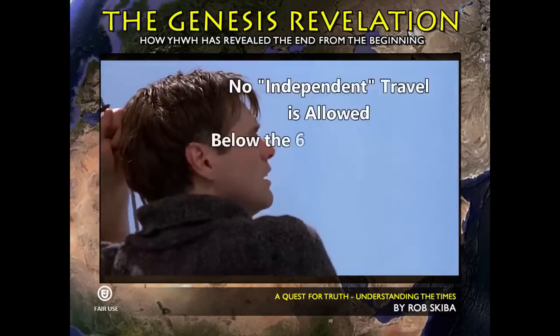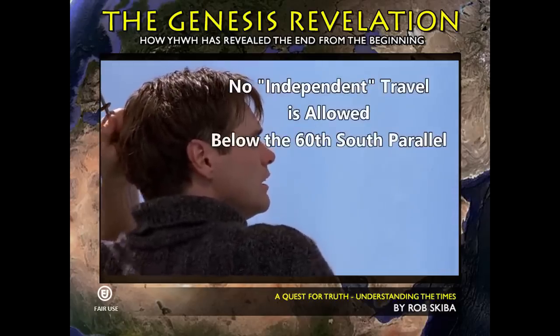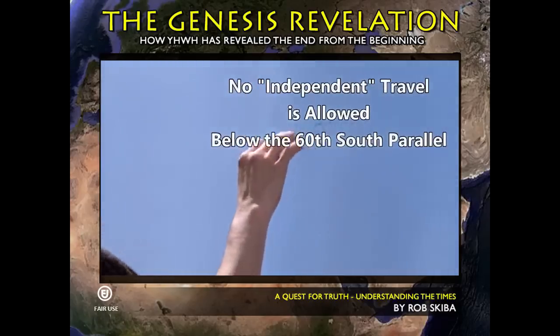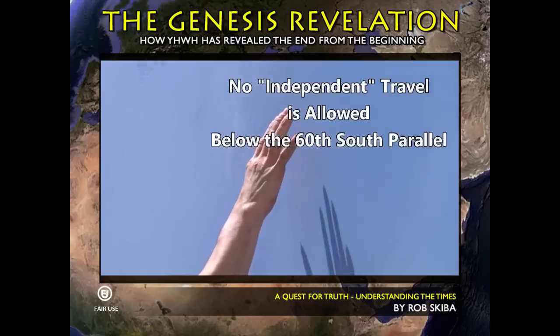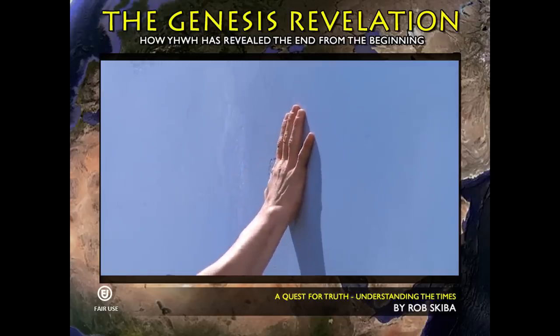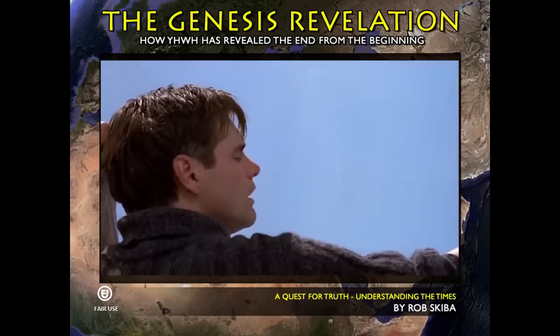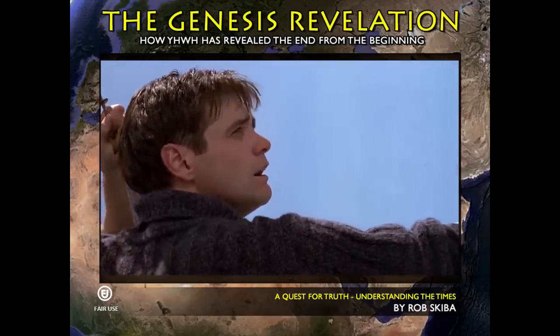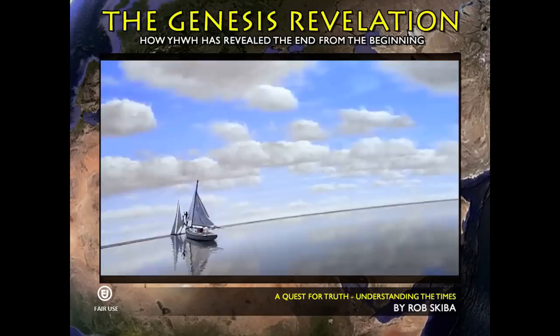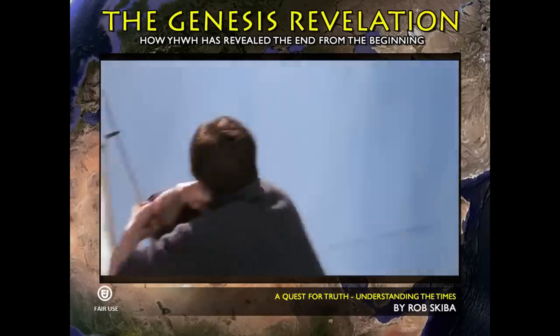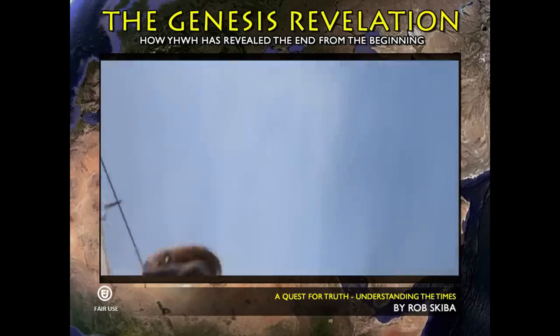It is the fact that independent travel is not allowed below the 60th south parallel in any reasonable manner to make any determination as to whether Antarctica is the shoreline boundary circumscribing the known world, or whether Antarctica is simply a continent a little north of the true but unnamed southerly shoreline of the Earth's oceans.